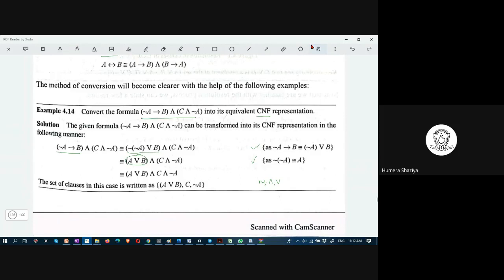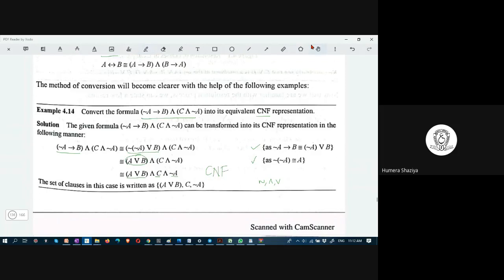When you look at this clause, C and not A is within parenthesis. If you eliminate this parenthesis, then it is C and not A. It means that A or B is one clause, C is one clause, not A is one clause. So there are three clauses. These three are joined by AND operation, and this is in conjunctive normal form.